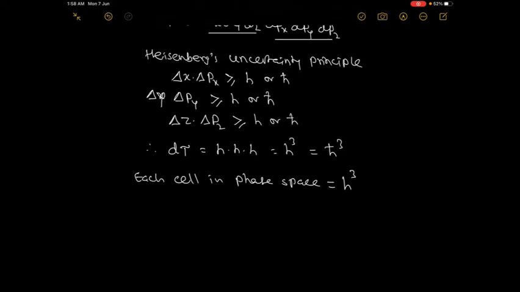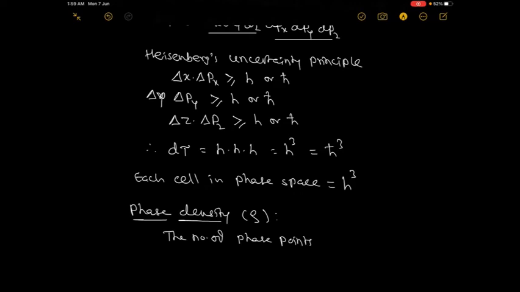Now, we find the next point. What is the phase density? Phase density, denoted by the symbol rho, is defined as the number of phase points per unit volume of phase space.